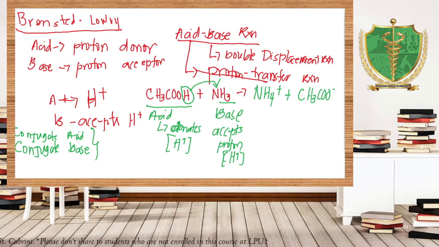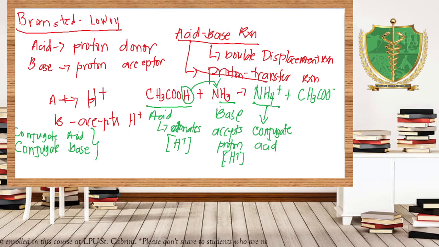So in this case, kapag po sinabi nating conjugate acid, siya po yung ating formerly base who accepts the proton. Therefore, ammonium ion is our conjugate acid. This is the conjugate acid of ammonia.